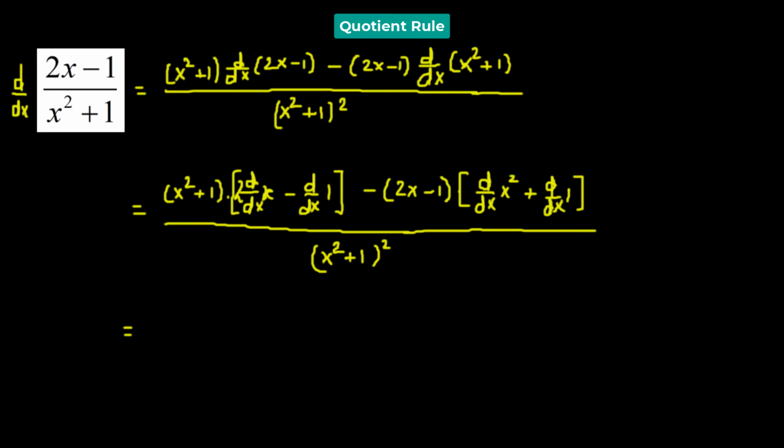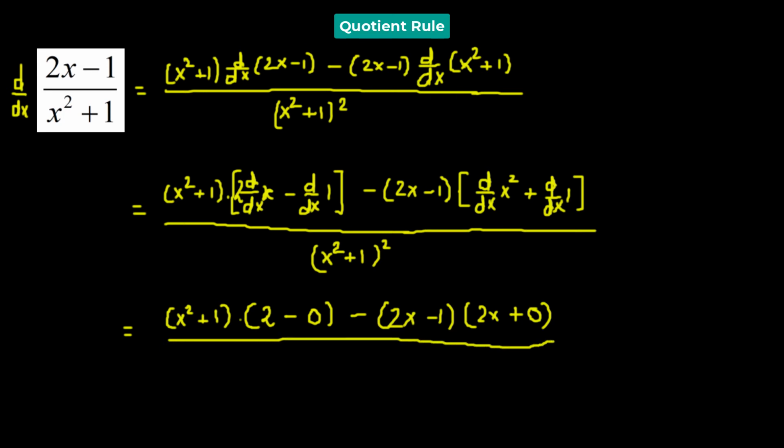So that will be equal to (x squared plus 1) times 2 times the derivative of x as 2 minus the derivative of 1, which is 0, minus (2x minus 1) times the derivative of x squared, which is 2x, plus the derivative of 1 is 0, then divided by (x squared plus 1) whole squared.